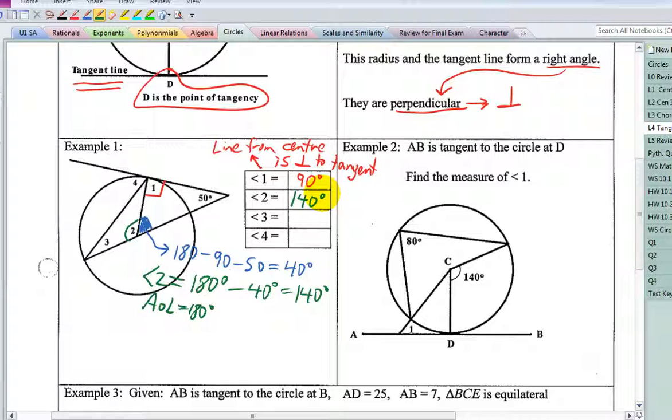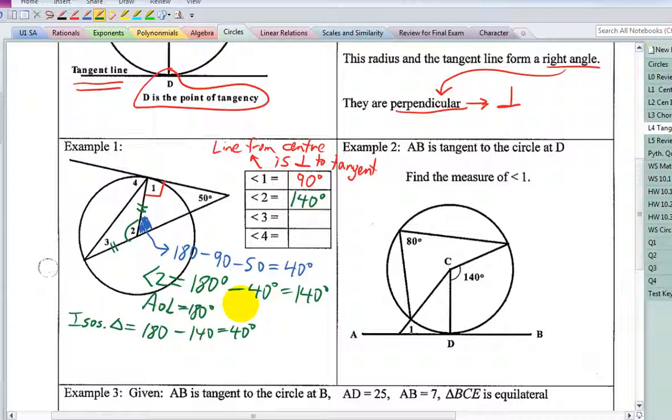Good. Now what kind of triangle is angle 2 inside of? An isosceles. So you need to mark those two radius or radii as being equal. So now that we have an isosceles triangle, once we have the top, we can take 180 minus 140, which is 40 degrees.